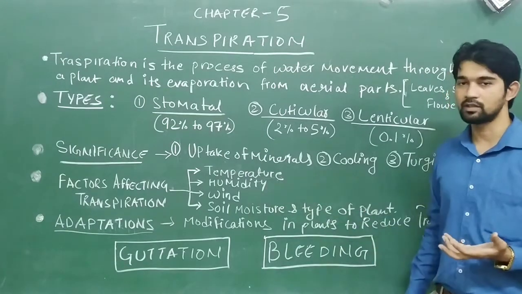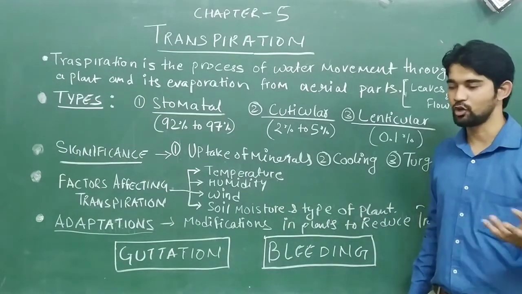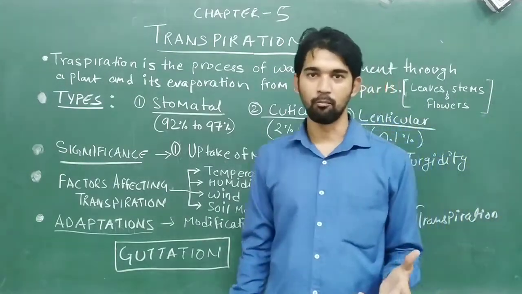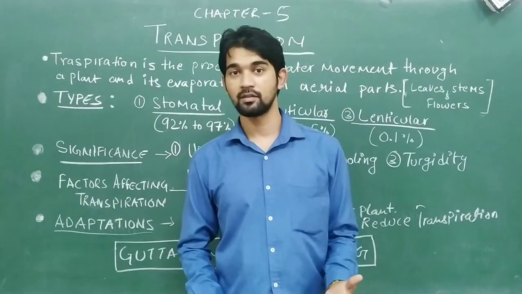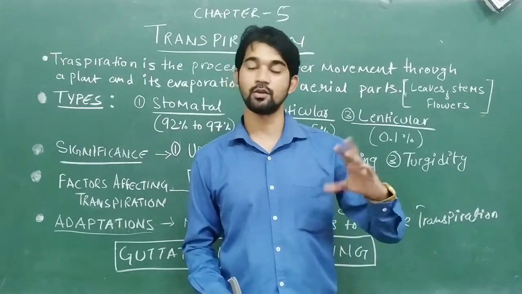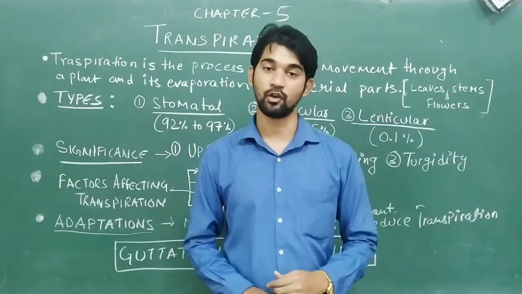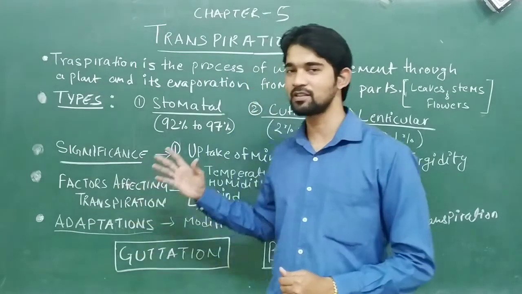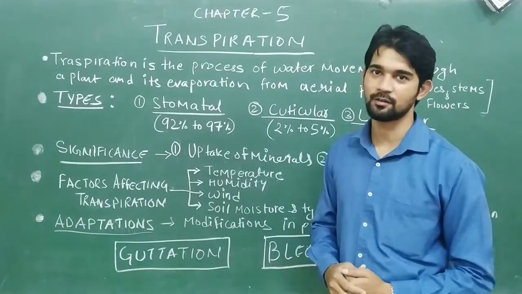How about humidity? Humidity, some people know it, some don't. Most people understand that there is humidity. Today it's a humid day. So when there is humidity, what happens? Transpiration, does it increase or decrease?